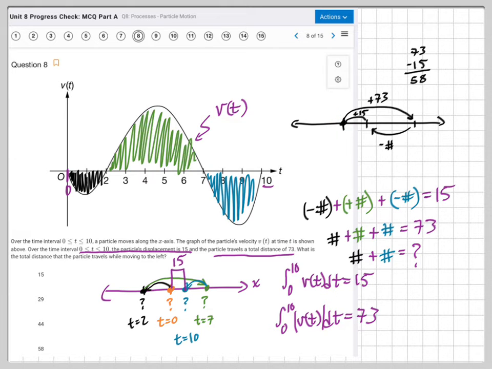That doesn't make sense, because if you went all the way to 73, that would be the total distance, and you want to get back to 15. Oh shoot! So that can't be right, because if the particle actually did move all the way over here and then back, that would be a total of 73. So this actually isn't right thinking.